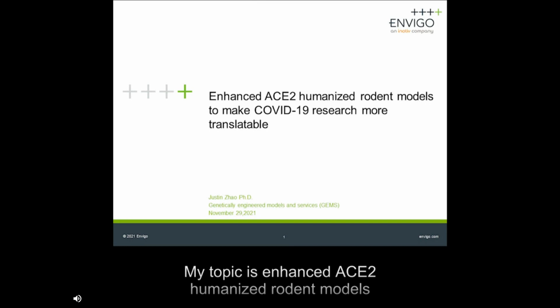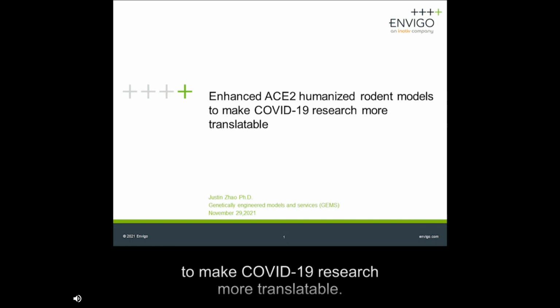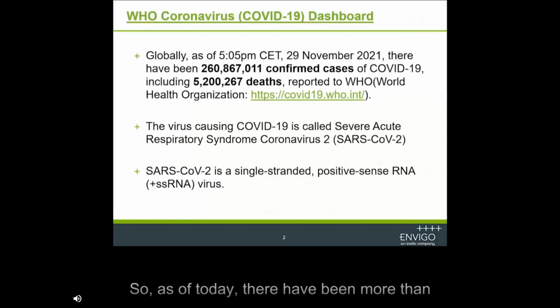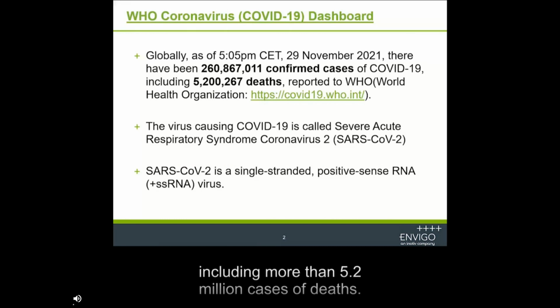Today, my topic is enhanced ACE2 humanized rodent models to make COVID-19 research more translatable. As of today, there have been more than 260 million confirmed cases of COVID-19, including more than 5.2 million deaths.